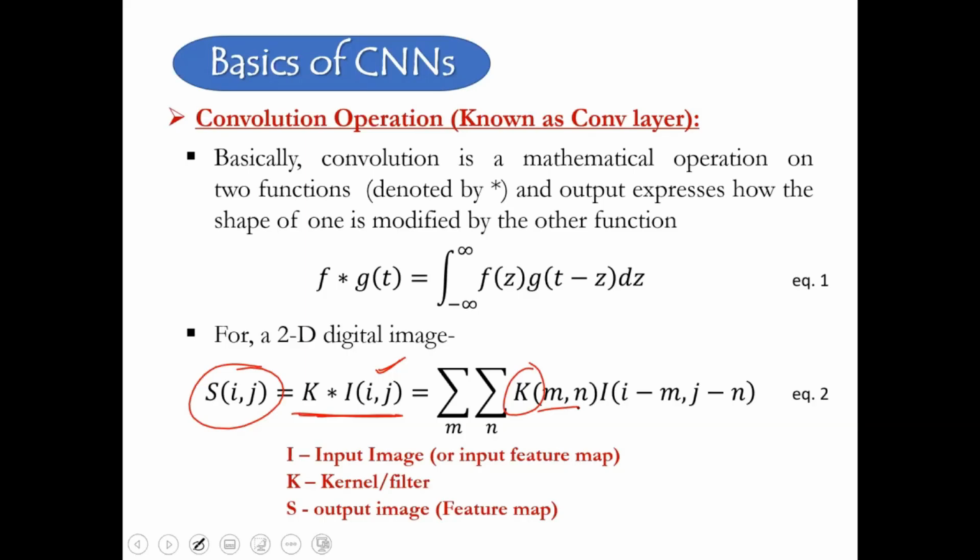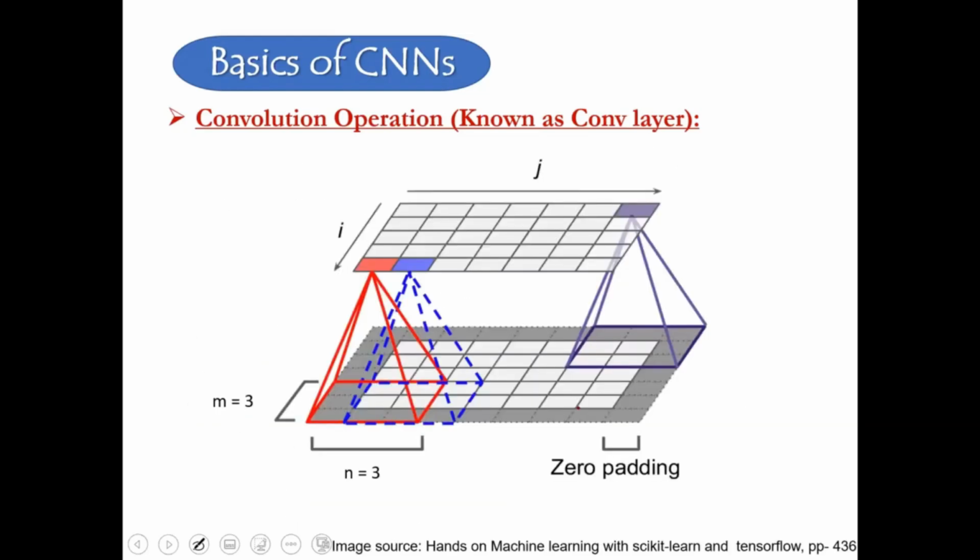So ultimately, what convolution is doing is the sum of products between two functions. Here I is the input image, k is the kernel, and s is the output image, that is the feature map. Let us take this example. Suppose this is the original image I, and we are applying another function k of size m by n.